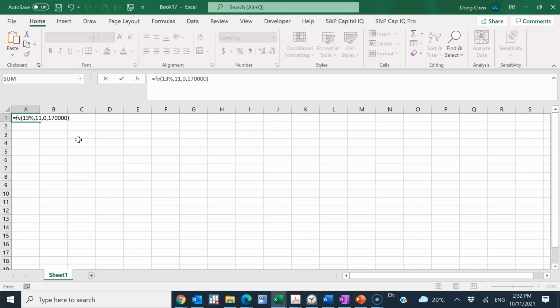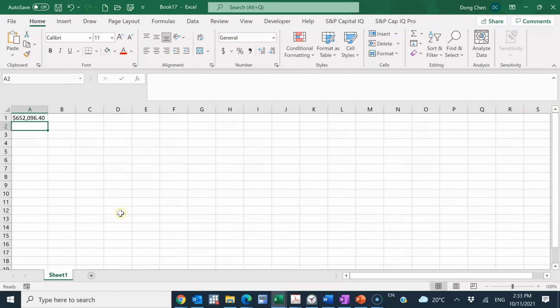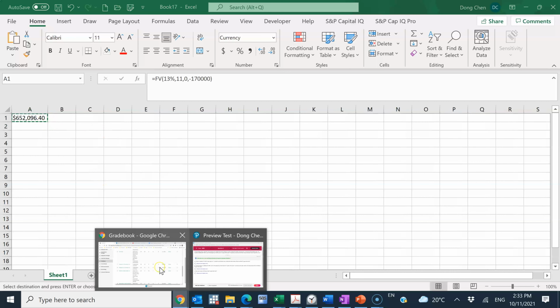But again, the rule here is that if we just put a positive present value, then we're going to get a negative future value. If we want a positive future value, then we can add a negative sign in front of this amount. That will give us the future value for this lump sum cash flow.